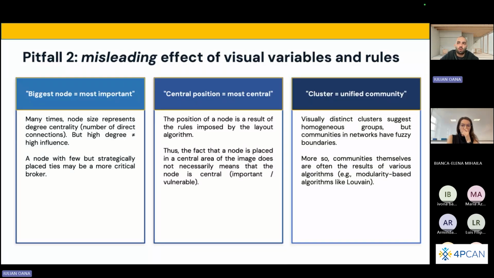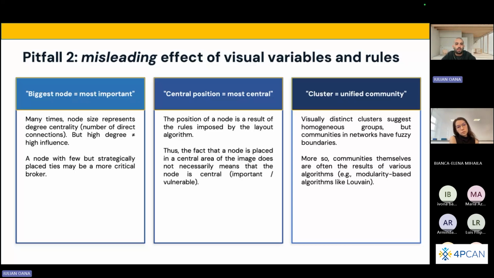A node can be central if it has a lot of ties, but sometimes a node can be central not because it has a lot of ties, but because it connects various subgroups which are disconnected. So it is a broker. So we should be wary when we highlight nodes, not to mislead the readers.